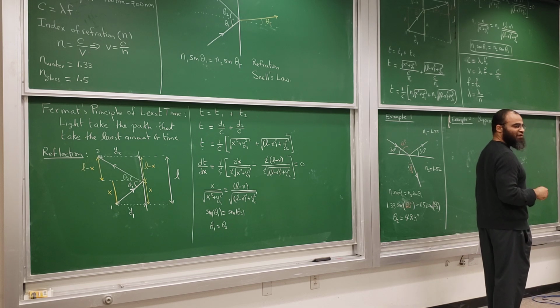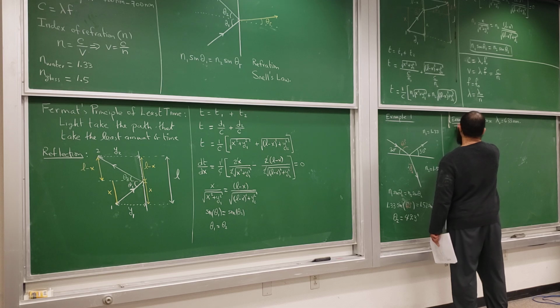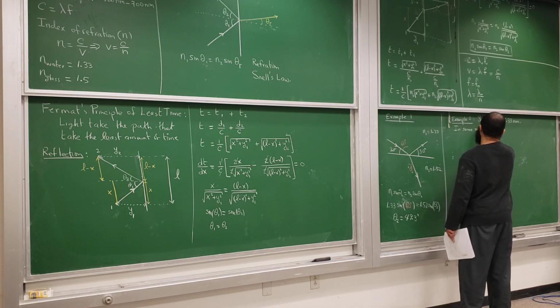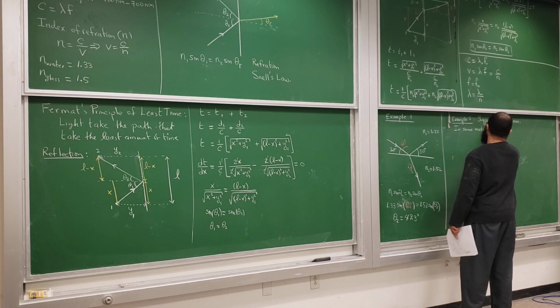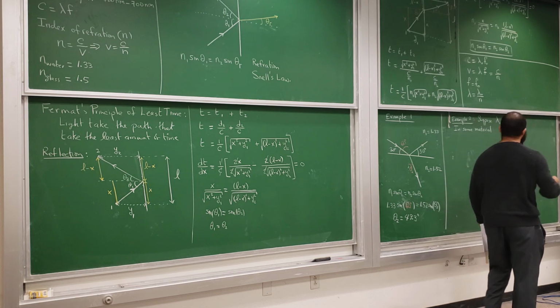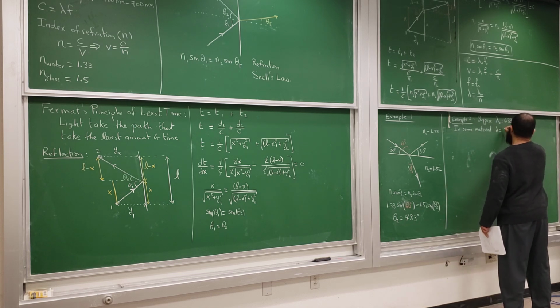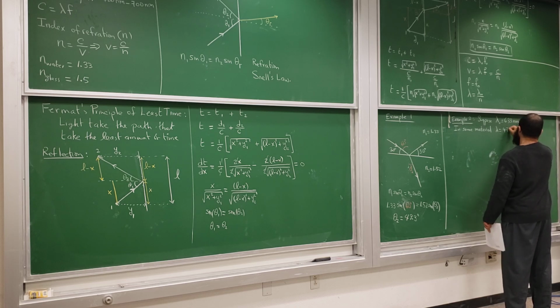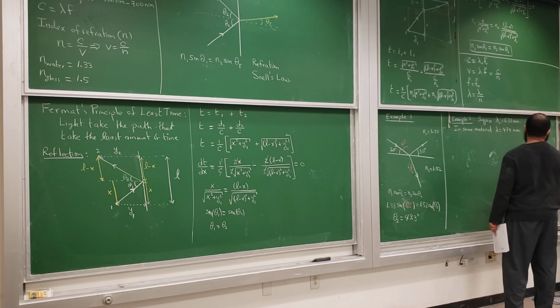That's the wavelength of this light. In some material, some liquid, lambda is 474 nanometers.